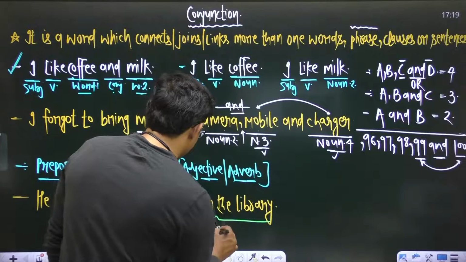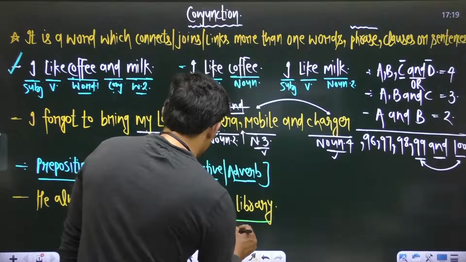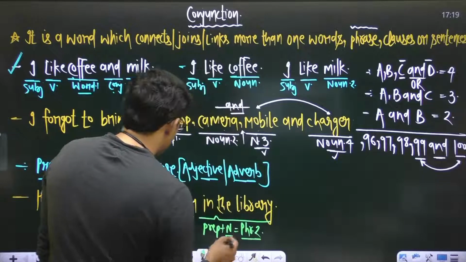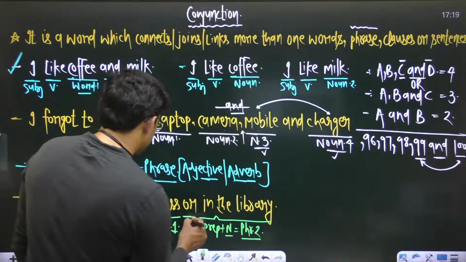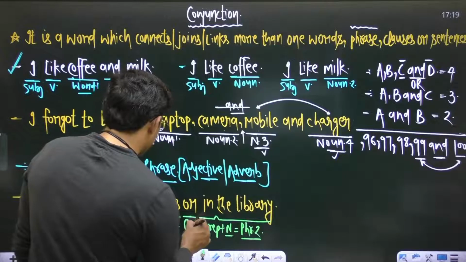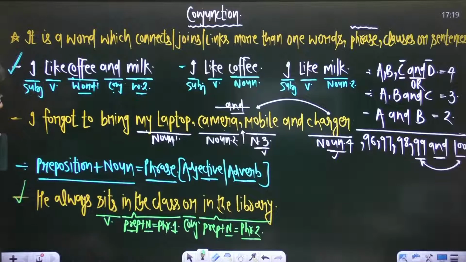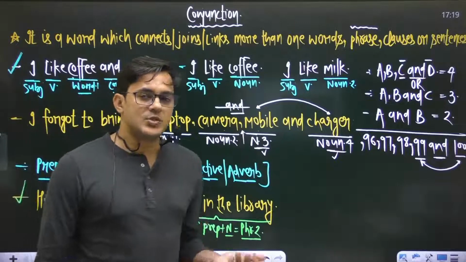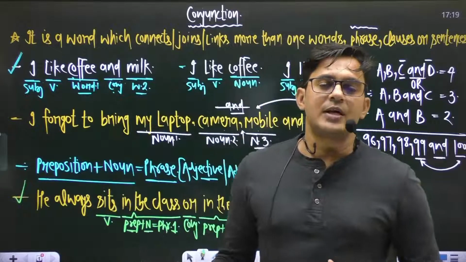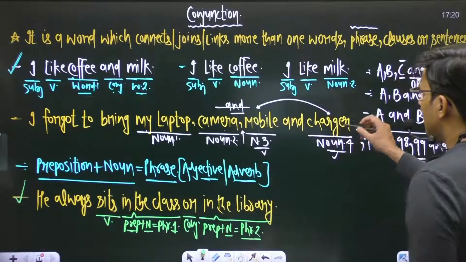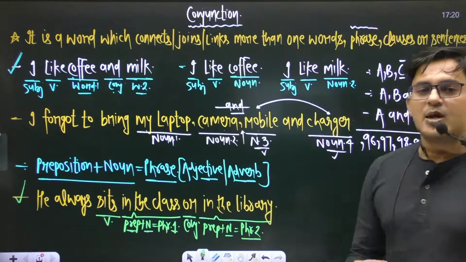So again preposition plus noun library becomes a phrase, and this one is the second phrase. And to connect two different phrases, we have a conjunction, what? Or is a conjunction. So by this way, conjunction connects more than one phrase.